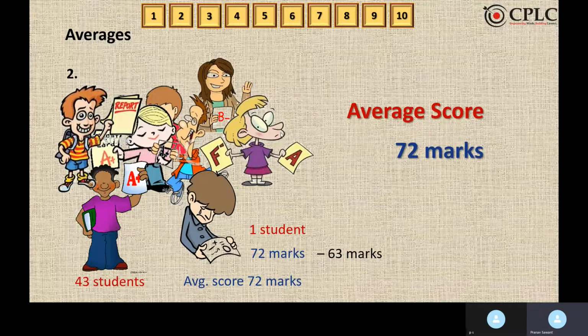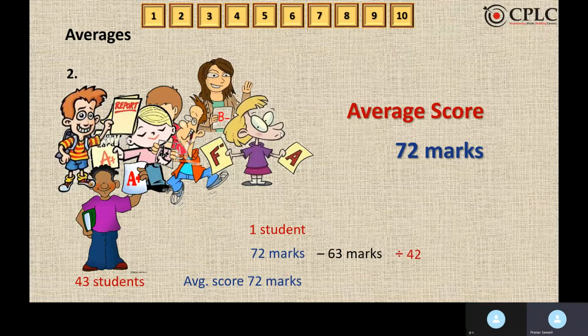That means if we exclude that student, we will be left with 42 students, and we will divide 63 marks into 42 students. So that is giving us 1.5 marks. So we will add 1.5 to 72. So that is 73.5. So 73.5 is the new average.